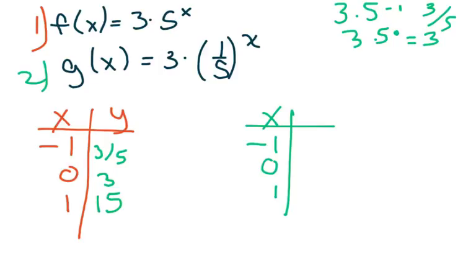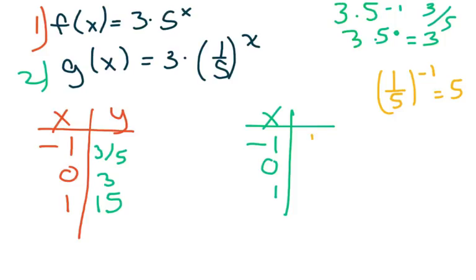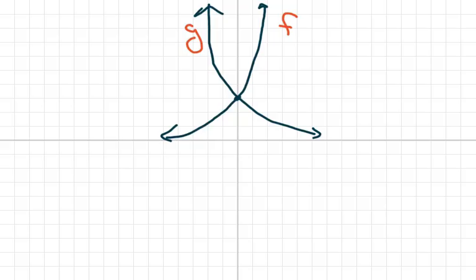Now on this one, if I have 1/5 to the -1, that is really equal to 5. So what happens is this all gets reversed. This is going to be 15, this is 3, and 1 is going to be 3/5. So what happened is these two trade places, and you see the corresponding graphs here.